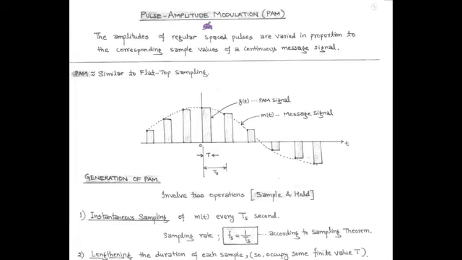Now, we first talk about pulse amplitude modulation, that is called PAM. As we know, in PAM, the amplitude of continuous regularly spaced pulses is varied in proportion to the corresponding sample value of the message signal. PAM process is similar to the flat top sampling method.